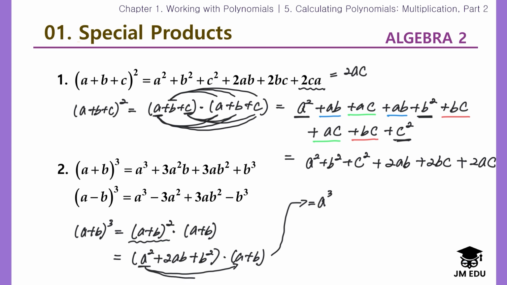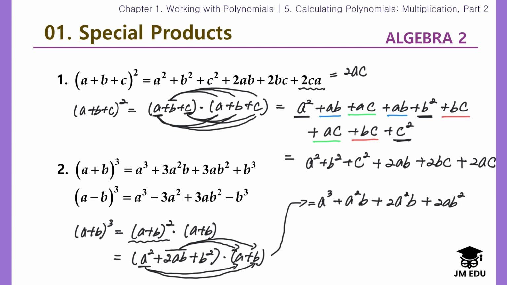And a squared times b, that's a squared b. Plus, here, starting from 2ab, 2ab times a, that's 2a squared b. 2ab times b, that's plus 2ab squared.